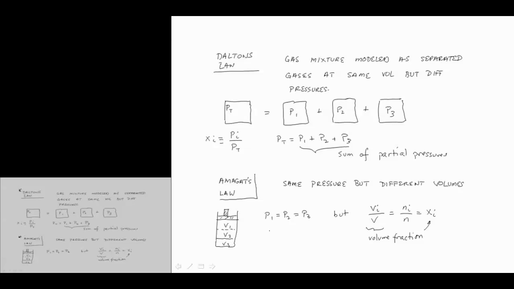In Dalton's law, we model the gas elements as being individual, independent gas molecule systems occupying the same volume, but at different pressures.